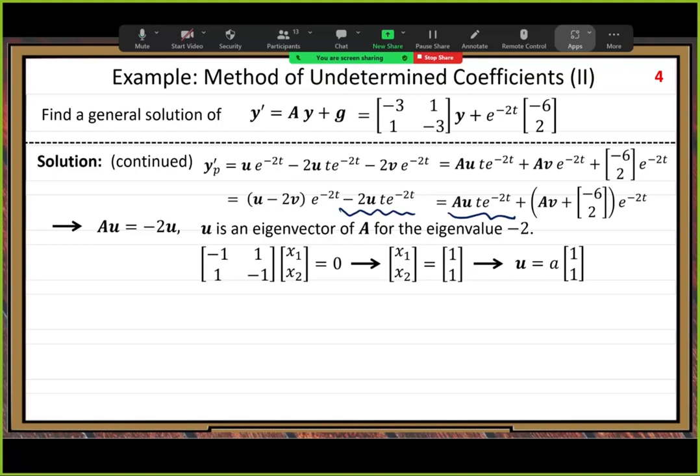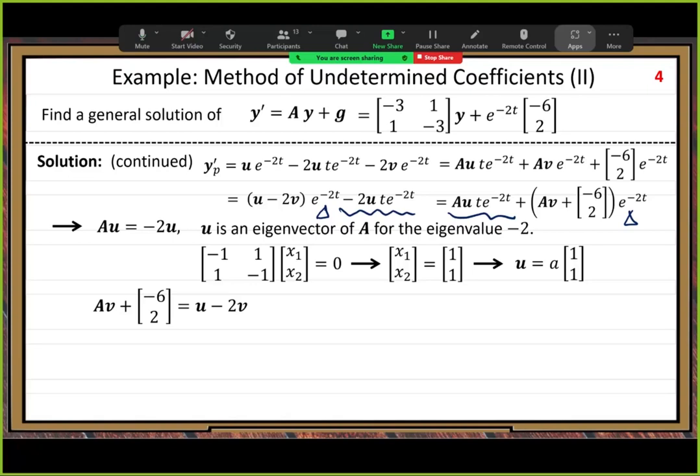So after we have u, then we look at the second equation, but this time we compare the corresponding terms. The e to the negative 2t function and the e to the negative 2t function here, but we only compare their coefficients. Their coefficients, both sides, should be the same, so we have this equation.